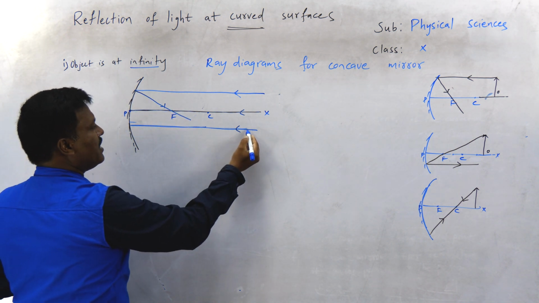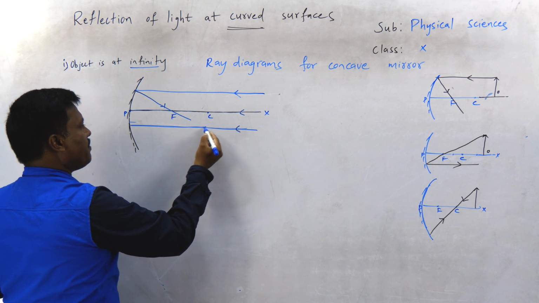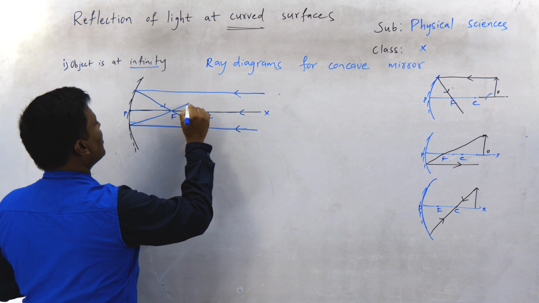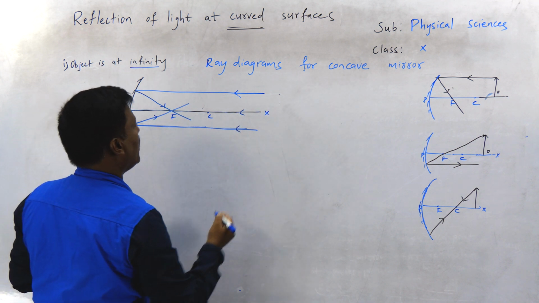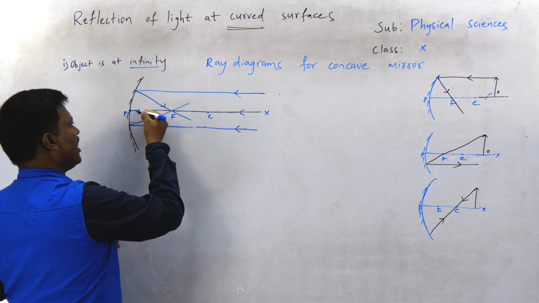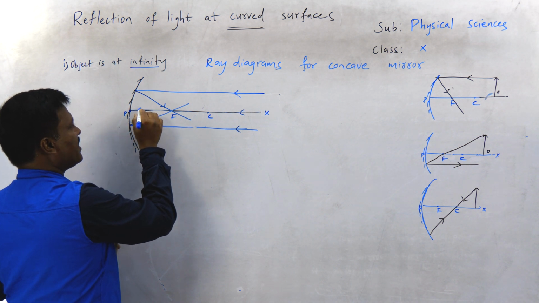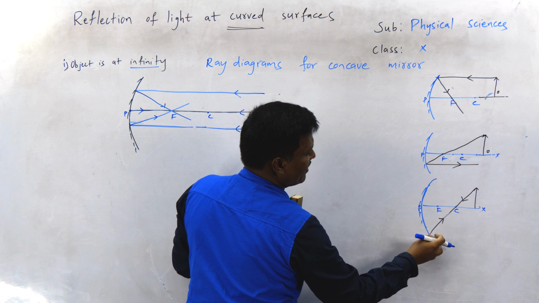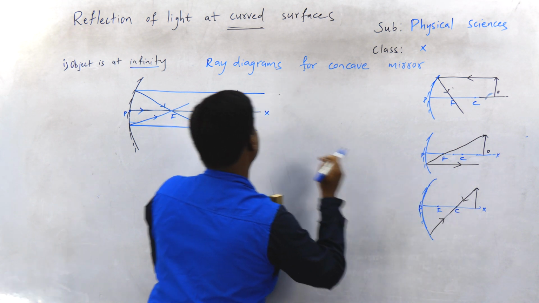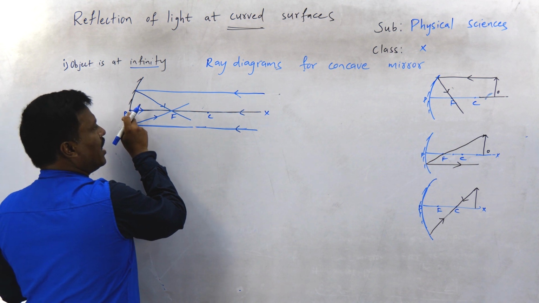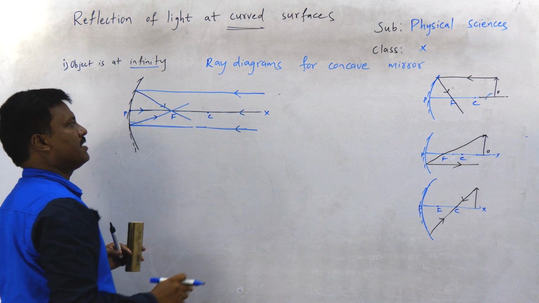And here also you see, any ray passes parallel to the principal axis, after reflection passes through focus, according to rule number 1. And this is the ray passing through the center of the curvature along the principal axis, after reflection traces the same path. Rule number 3. Any ray passing through the center of the curvature, after reflection traces the same path. Here also the ray passing along the center of the curvature, so after reflection traces the same path.